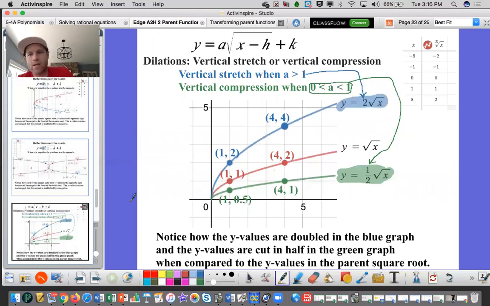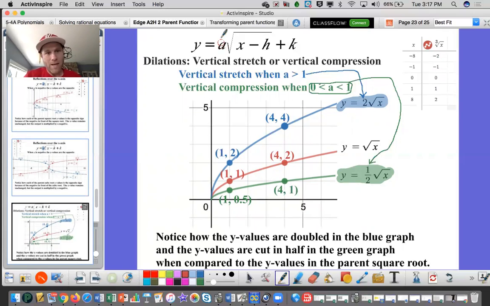So then the next thing we got to look at would be, well, okay, so it's negative. We know it's going to reflect the y. It's going to go across the x. What if it's got a number attached to it? Well, it's technically a multiplier, so it's going to be multiplying by a certain amount then. So we do the square root, we get our parent function resulting outputs, and then we got to multiply it by this number here.